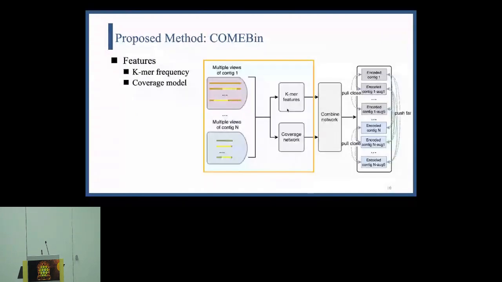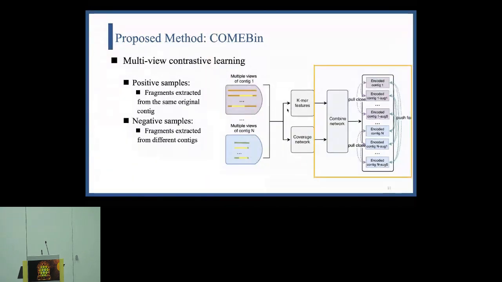Then ConBin constructs k-mer frequency and coverage features for each contig, including the original sequence and augmented sequences. Specifically, a network named the coverage network is deployed to derive an embedded representation of coverage features. A network named the combined network integrates the two kinds of features and obtains an embedded representation containing heterogeneous information through contrastive learning.